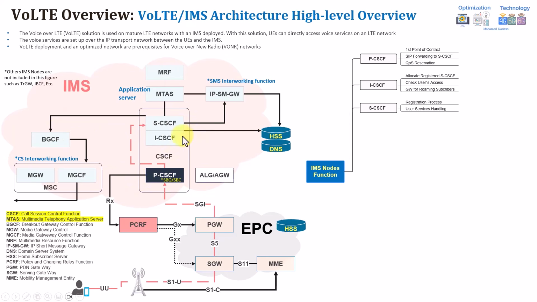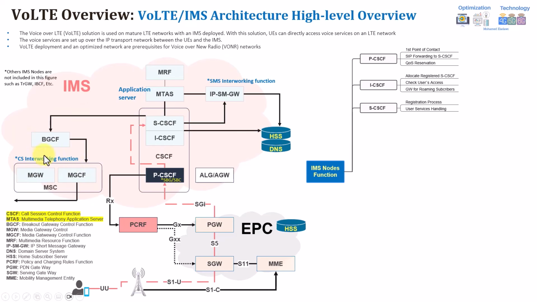For example, assume that the user's originating call is under the IMS network while the terminating side is in the CS network. This means that this call needs to be redirected to the CS domain. So it will forward all the SIP messages to the entity called the MGCF, which is responsible for the CS interworking function, to try to find the user who is located in the CS network.